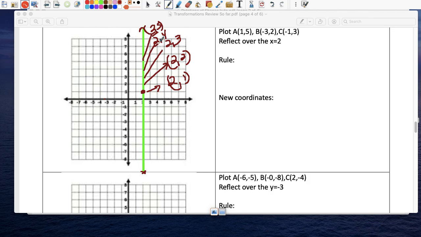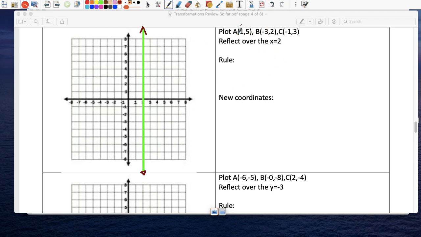Notice that the x coordinate for each of these points is 2. So every single point on this line, and there's billions and billions of points on this line, guess what the first coordinate is going to be? 2. That's why that line is called x equals 2, where every point, the first coordinate is equal to 2. That's our line of reflection.